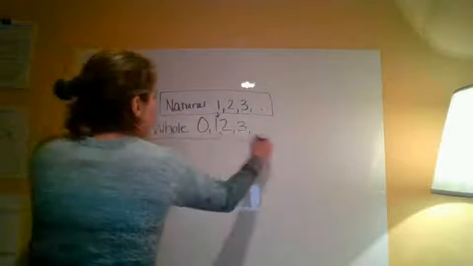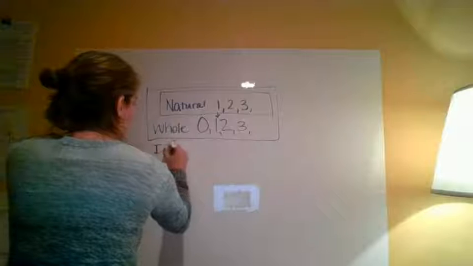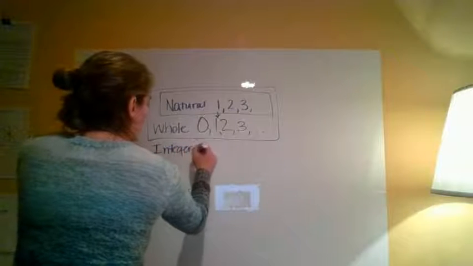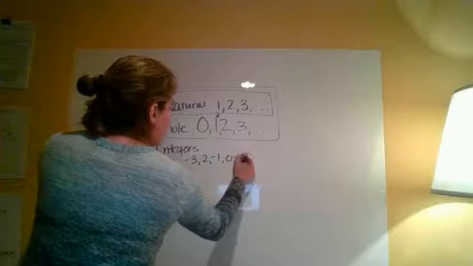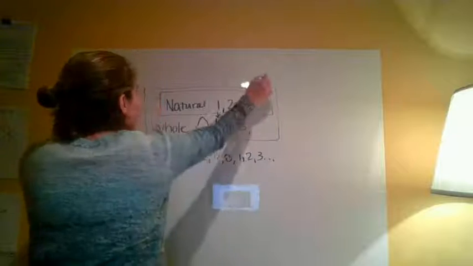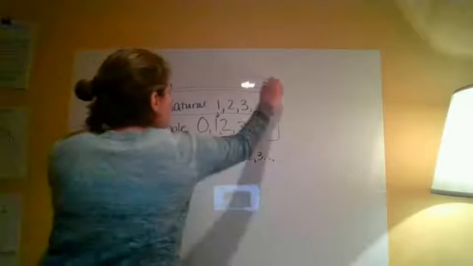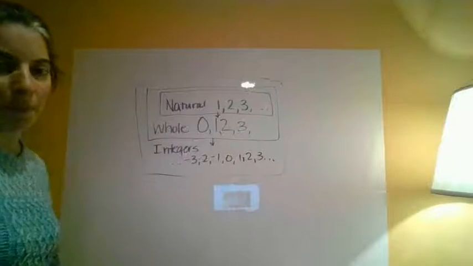And then I move out one more step, and in addition to all of these, I have integers, which is going to be negative 3, positive, 0, right? But still no decimals or fractions. And all of the natural numbers and all of the whole numbers are part of the integers.